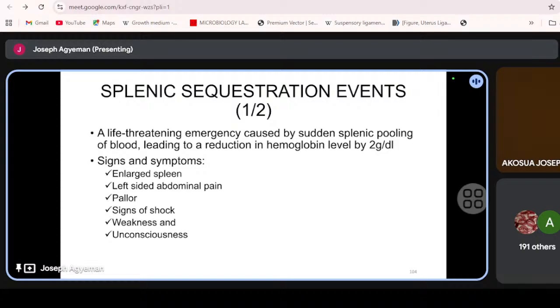The good thing is that unlike aplastic events, with hyperhemolysis you are going to get the normal response of enhanced red cell synthesis. And therefore, the person will tend to produce more reticulocytes in an attempt to replace what he or she is losing. So to differentiate it from aplastic events, on the FBC, the person with hyperhemolysis, not aplastic event, will have reticulocytosis.